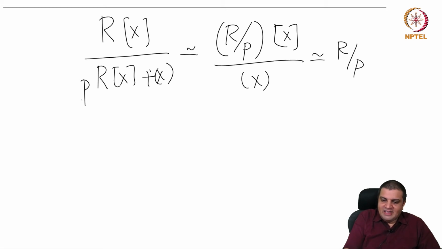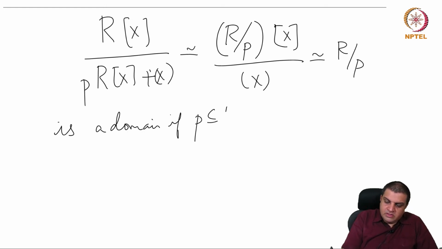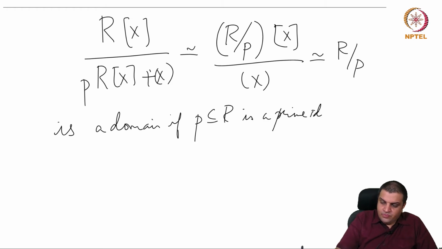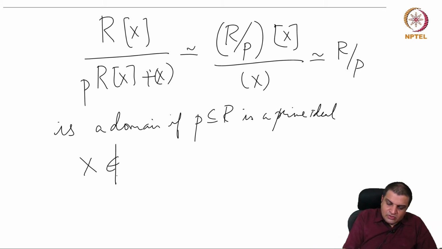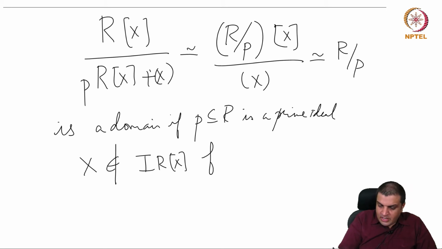This is true for any ideal. In particular, it's true for a prime ideal, so it's a domain if P inside R is a prime ideal. And one needs to check that X is not inside I R[X] for any proper ideal.